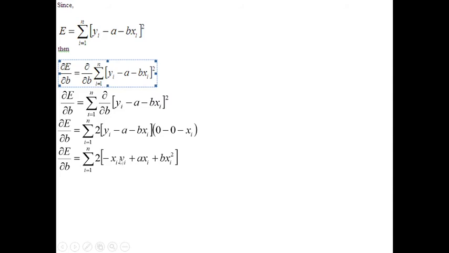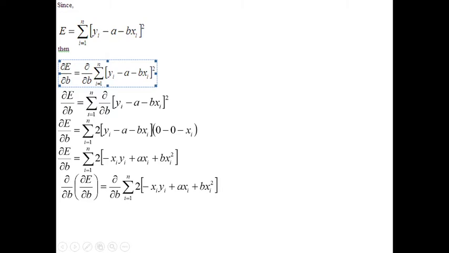Pwede nating i-distribute. So, minus x sub i, multiply natin: minus x sub i y sub i plus a x sub i plus b x sub i squared. And then, we take the derivative.